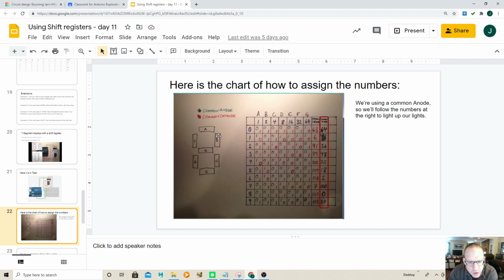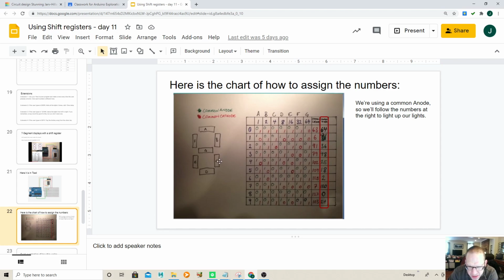So if we want 0 on, A should be 0, B should be 0, C should be 0, D should be 0, E should be 0, F should be 0, and G should be 1. That's good. If we wanted 1, let's see how they did 1. They put A as 1, so that's going to be off. B is 0, so that's on.